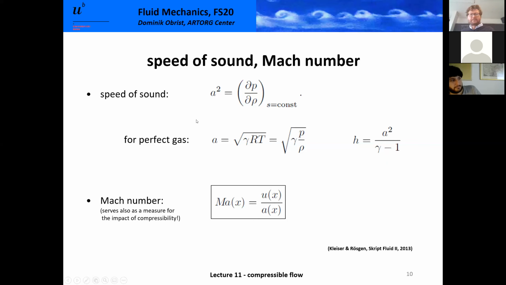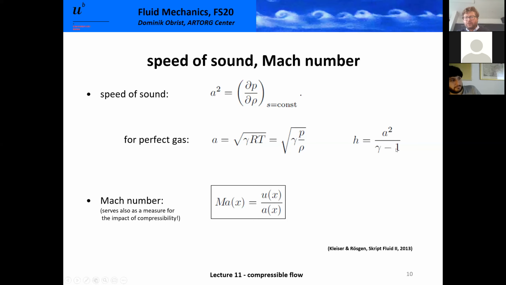So we now have explicit formulas for the speed of sound in a gas. And you can see that if the temperature increases, the speed of sound will increase. Sound waves will go faster. If pressure increases and density remains constant, it goes up, and vice versa. If density increases and pressure remains constant, it goes down.